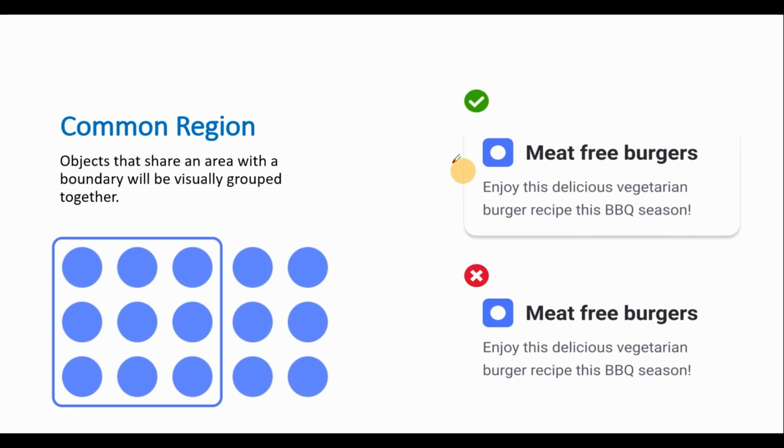Common region is this: objects that share an area with a common boundary will be visually grouped together. From this example, we can see where we have our text, same as the previous one, and you can see this added container or card to make it more visual.